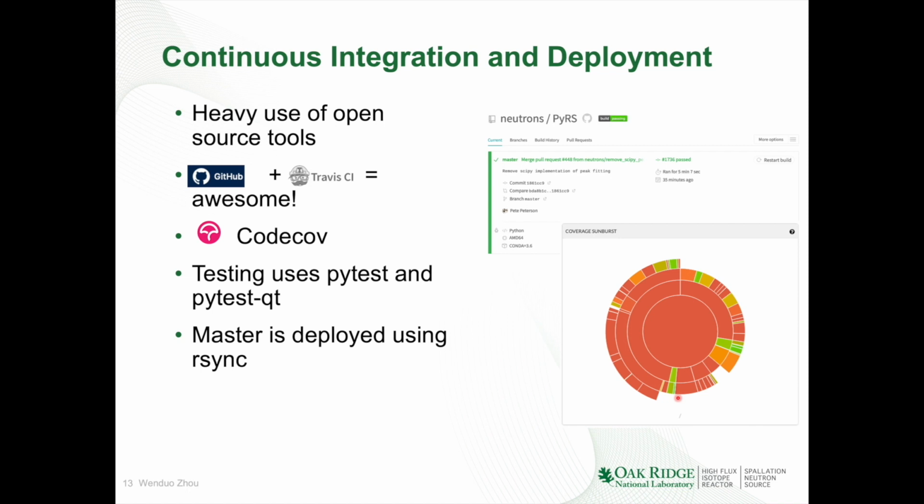We use Flake8 and Codecov to examine the programs for formatting and code coverage to make sure the code is healthy. And we use PyTest for unit and integration tests, and PyTest-Qt for GUI widgets. The PyRS master is deployed to the analysis cluster by using rsync.